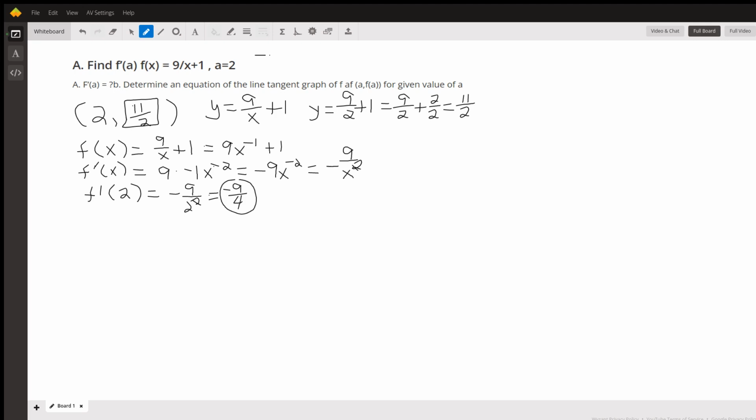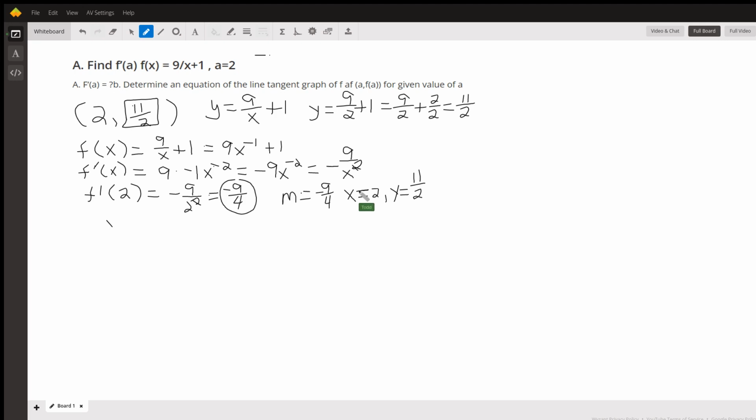Now to find the equation of the tangent line, we need to think about this. The slope of the tangent line, m, is negative 9 fourths, and it goes through the point 2, 11 halves. To find the equation, I like to use slope-intercept form: put in my slope of negative 9 fourths, put in my x and y values, and then find b.